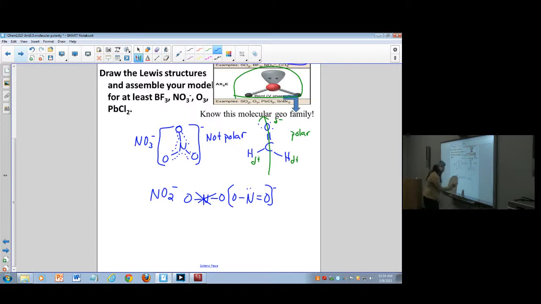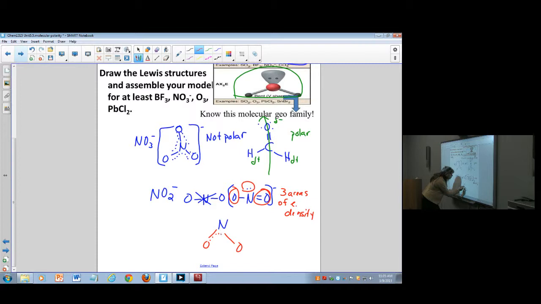But really what that means is we've got a nitrogen, and because this is bent, it's a trigonal planar. We have 1, 2, 3 areas of density. So we know that that's going to be a trigonal planar. And then when we draw it up, it ends up being bent. You need to try and practice making it bent.